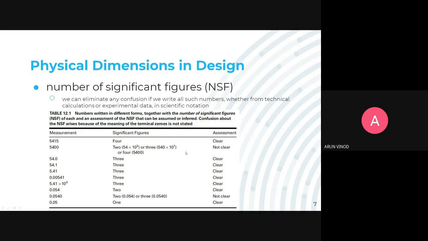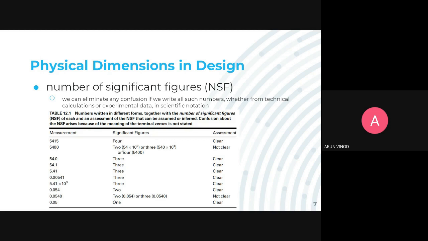All are the same actually, but the assessment is not clear. So you need to have a clear representation, because you are going to apply this in real time, and that will be different. So you have to have a clear assessment when you are doing the mathematical modeling.